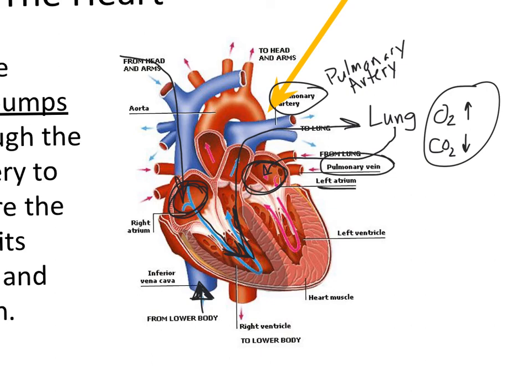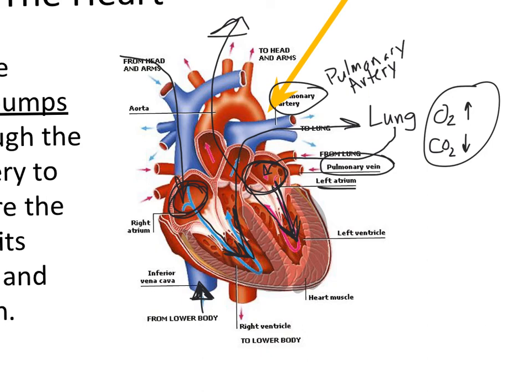So our left atrium right here. From our left atrium, it's going to go into our left ventricle. This left ventricle will then contract. See those muscles, big, strong muscles? And that blood will go out the aorta to the different parts of the body.